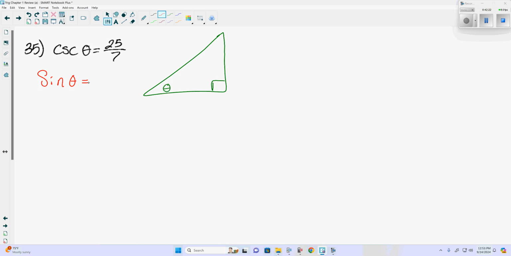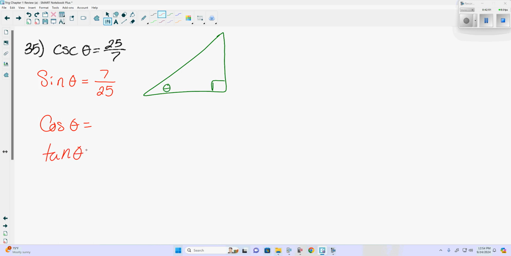They give us 1, and we want to find the other 5. Out of any of them that they give us, we'll already have a second one. We just need to find the other 4. Because cosecant, CSC, is the same as 1 over sine. So sine is 7 over 25.